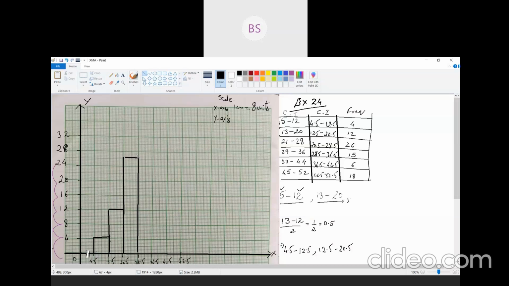Then 28.5 to 36.5 we have 15. As we can see, the mid value between 12 and 16 is 14, and the midpoint between 14 and 16 will be 15. So it will be the line between the 7th and 8th.